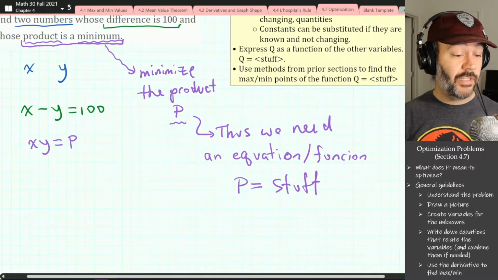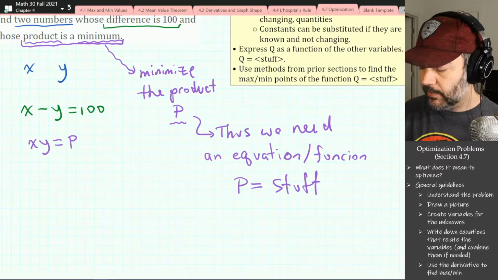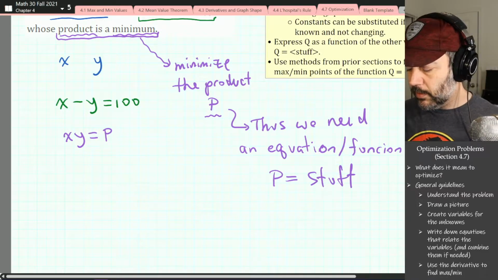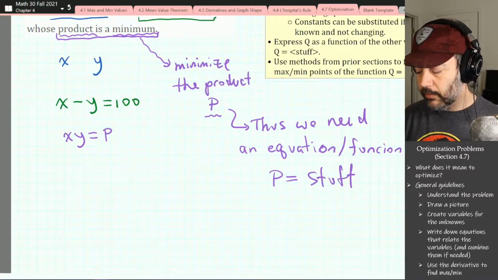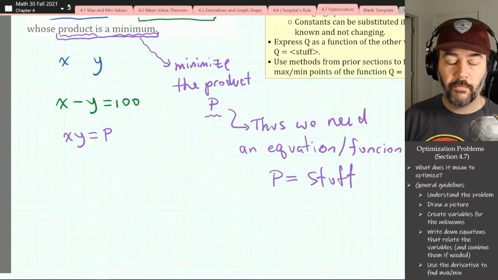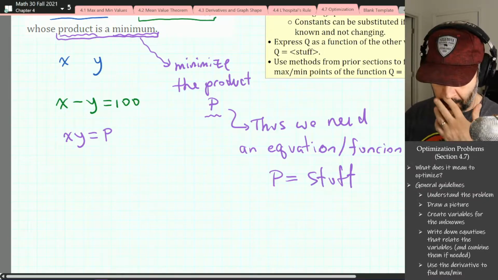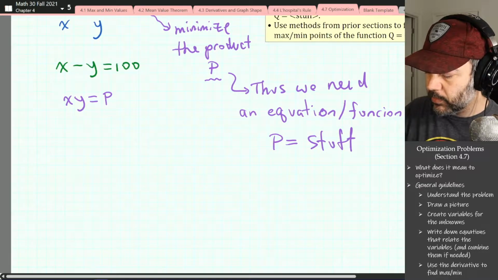And the stuff needs to depend only on one variable. Well, I've already almost got that. I've got P equals stuff right here. The only problem is we don't know how to do the derivative of P equals x times y very easily with two variables. We could do implicit differentiation.